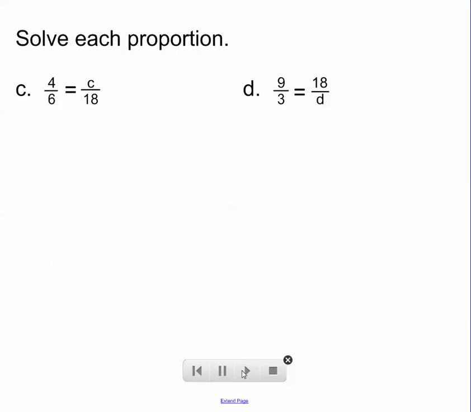Let's solve these proportions. You may have learned other methods in the past, but we've already been doing this anyway, so let's continue to do this.